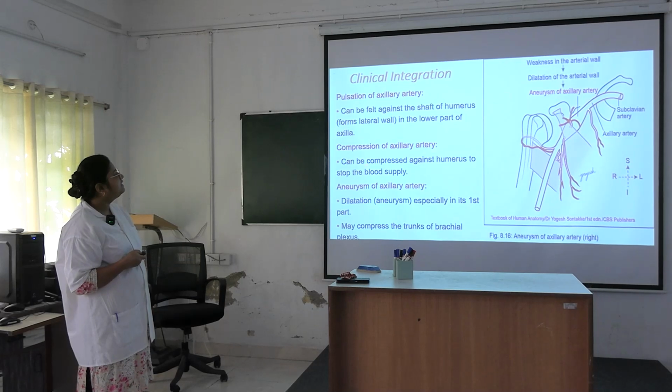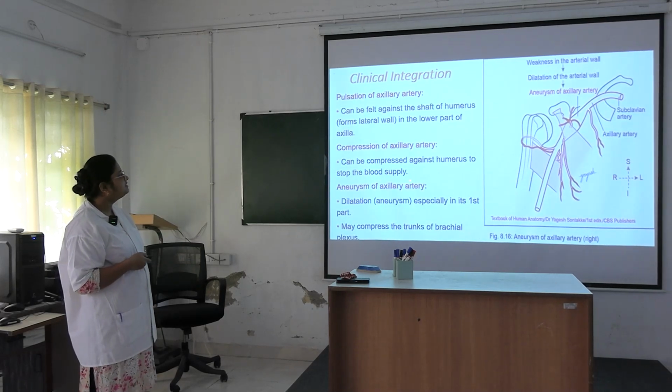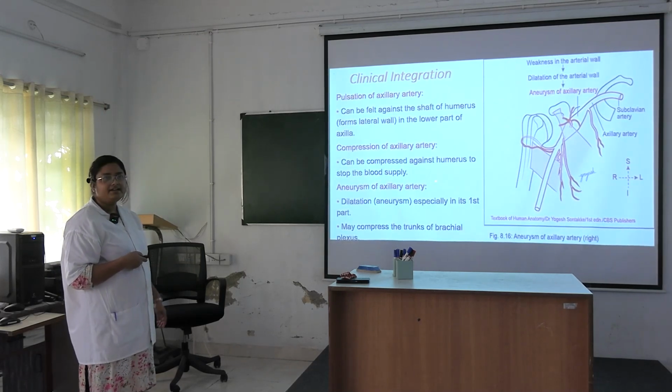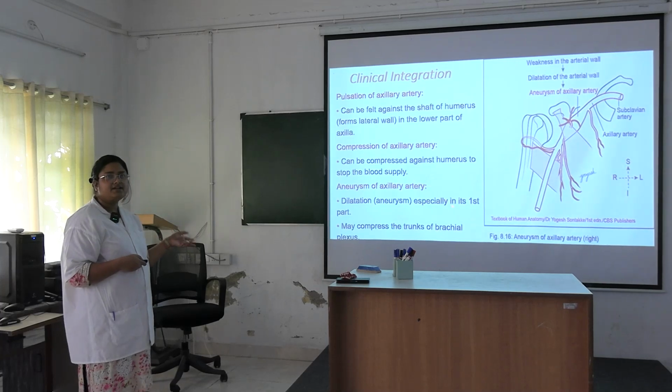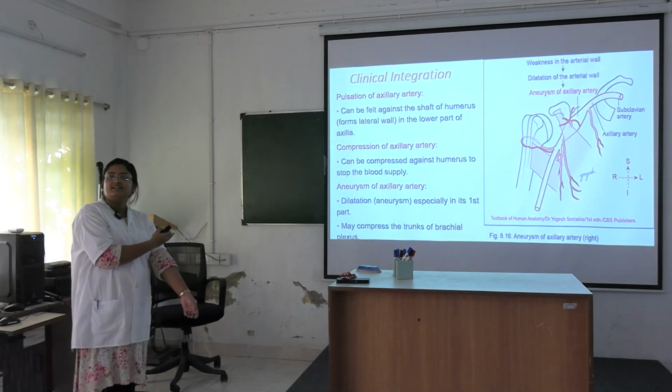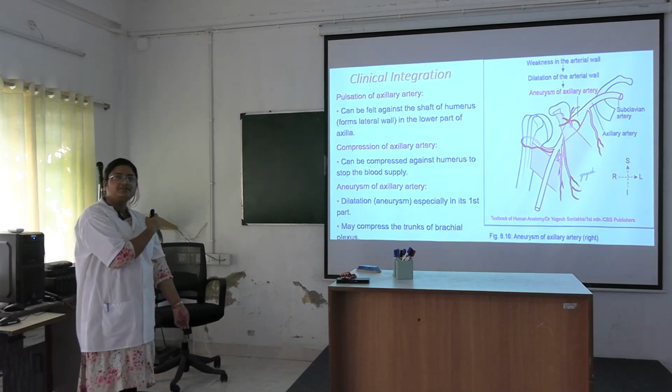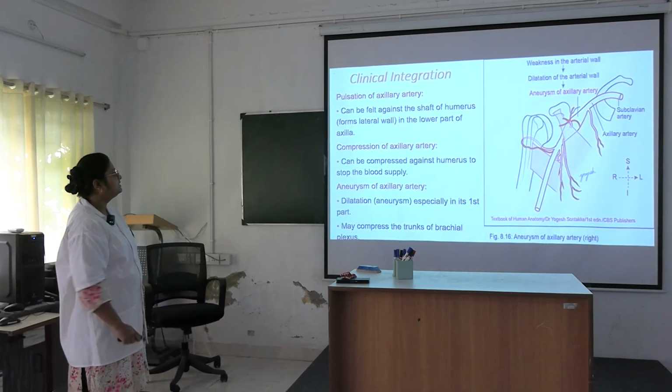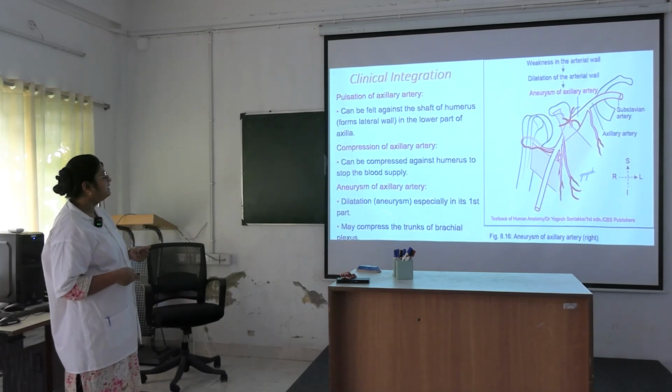Compression of this axillary artery against the humerus can stop the blood supply. Okay, in case of heavy bleeding or any injury distal to this axilla, you can tie a knot over here, over the axilla.